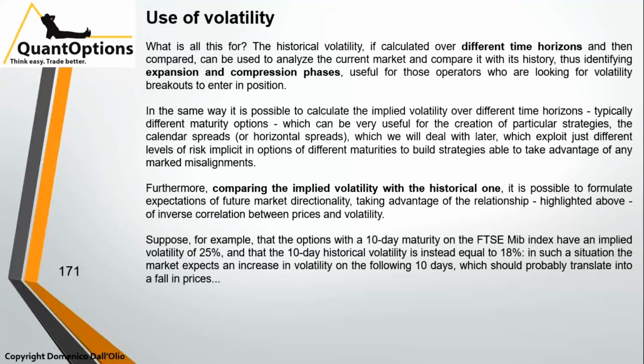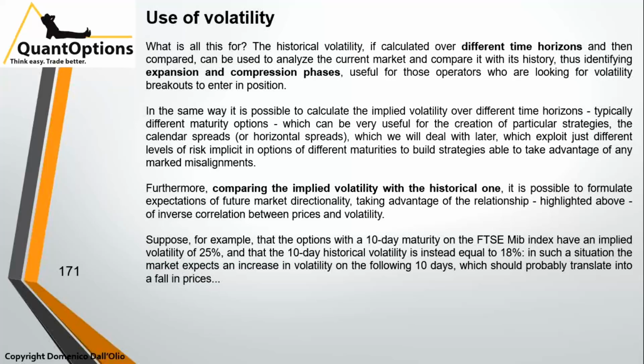What is all of this for? The historical volatility, if calculated over different time horizons and then compared, can be used to analyze the current market and compare it with its history, thus identifying expansion and compression phases, useful for those operators who are looking for volatility breakouts to enter in position.